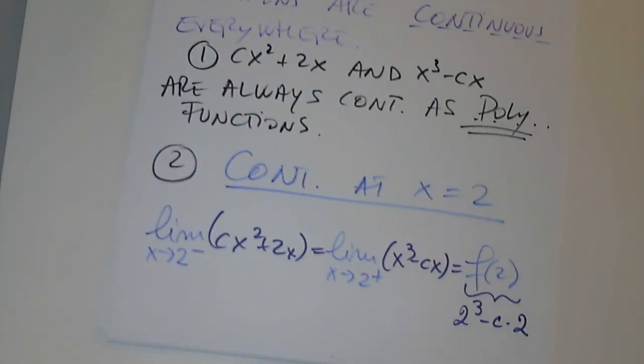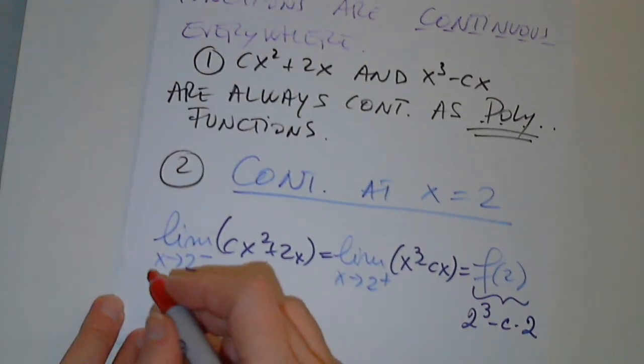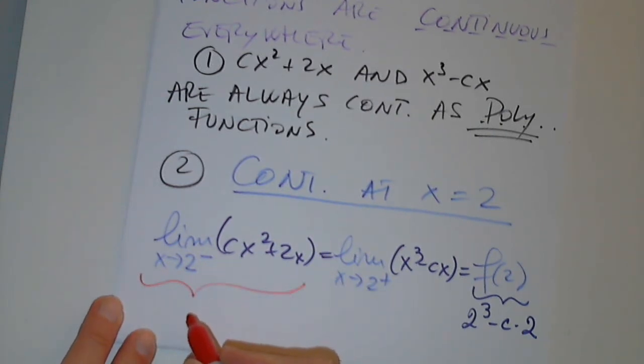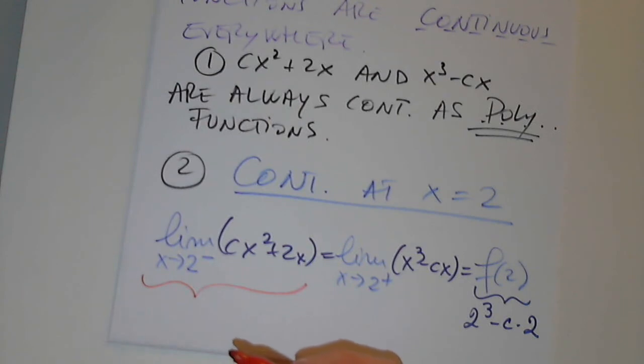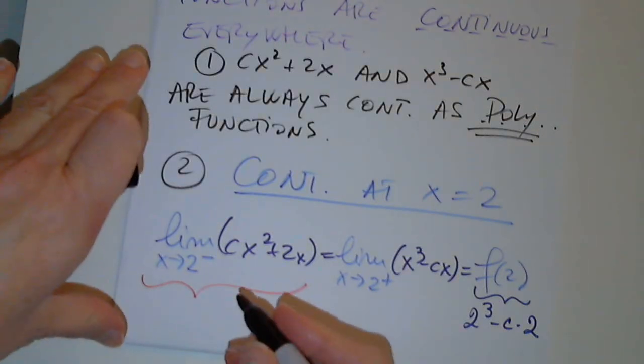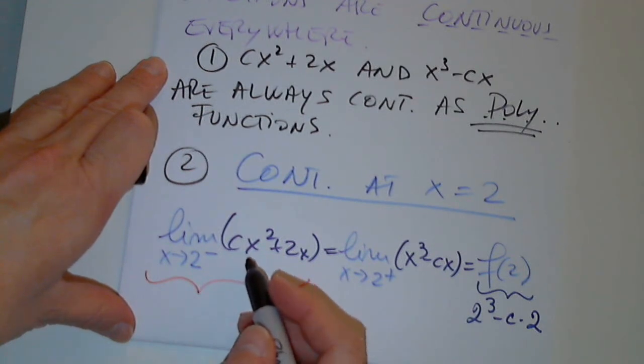Very good. So can anyone give us this limit? Negative 8c minus, say it again. Negative 8c minus 4.